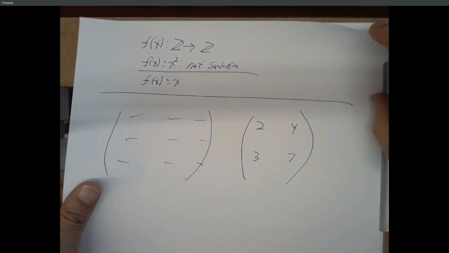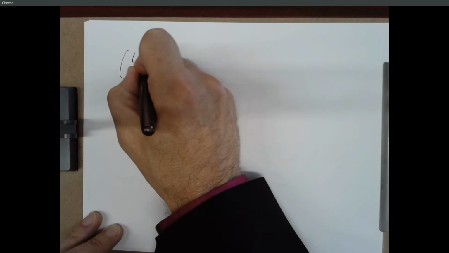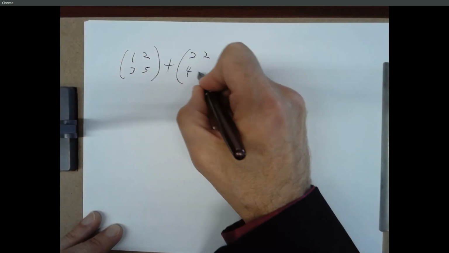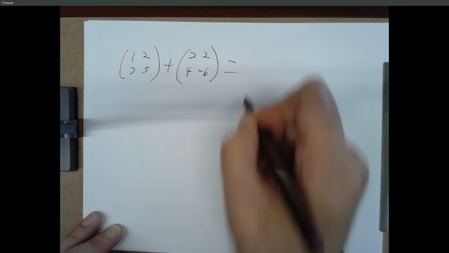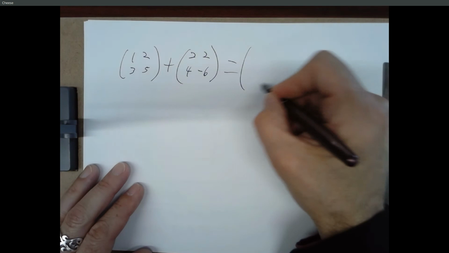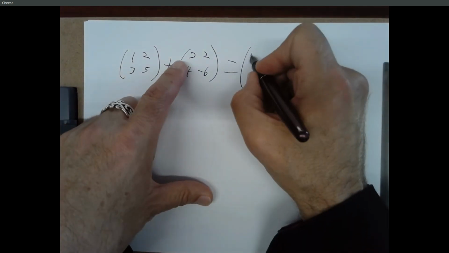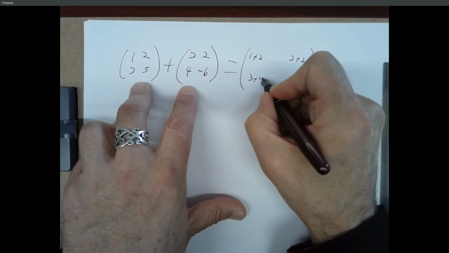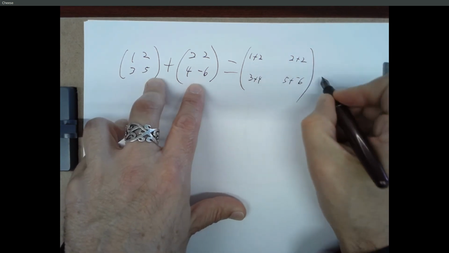We can define what it means to add these things. If we have 1, 2, 3, 5 plus 2, 2, 4, negative 6, we just add element by element. This is a 2 by 2 and this is a 2 by 2, so we get a 2 by 2 matrix: 1 plus 2, 2 plus 2, 3 plus 4, and 5 plus negative 6.